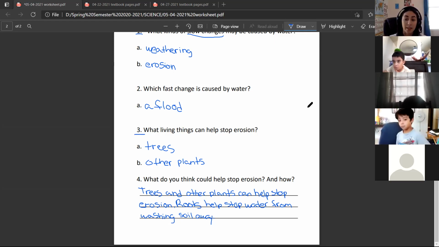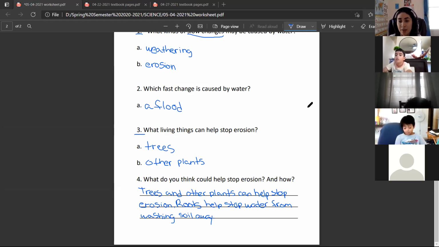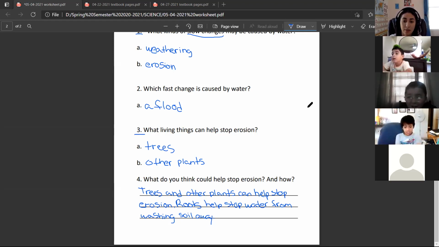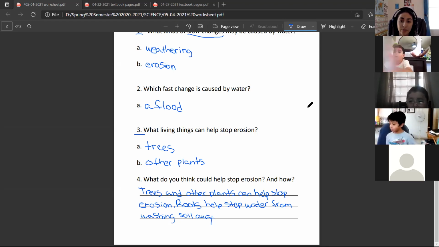They deal with the wind. The roots deal with water. The branches and the leaves deal with the wind. So how do the branches and the leaves help stop erosion?